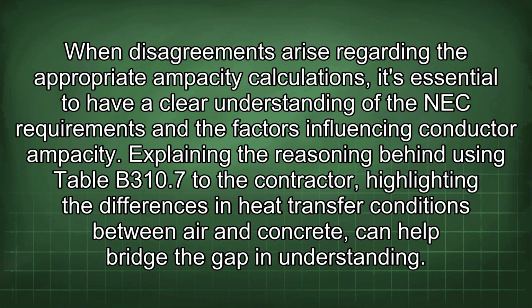When disagreements arise regarding the appropriate ampacity calculations, it's essential to have a clear understanding of the NEC requirements and the factors influencing conductor ampacity. Explaining the reasoning behind using Table B310.7 to the contractor, highlighting the differences in heat transfer conditions between air and concrete, can help bridge the gap in understanding.